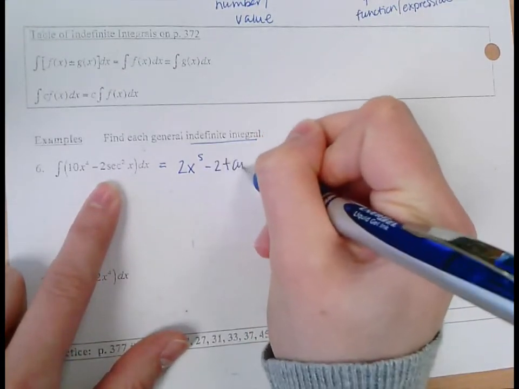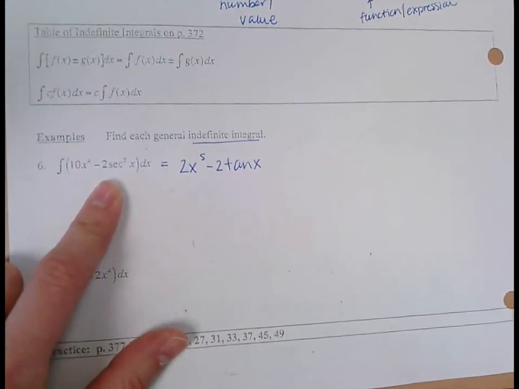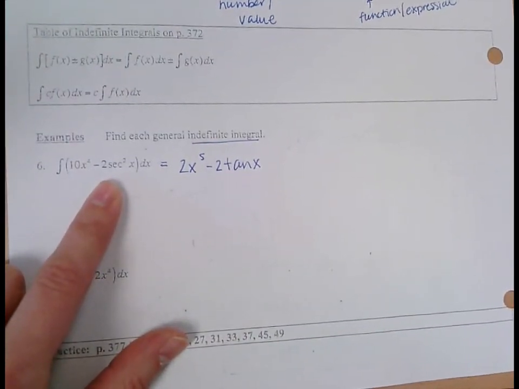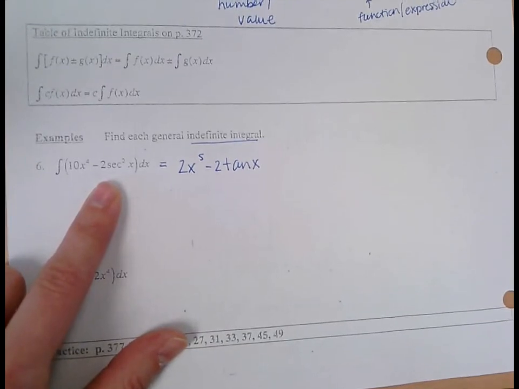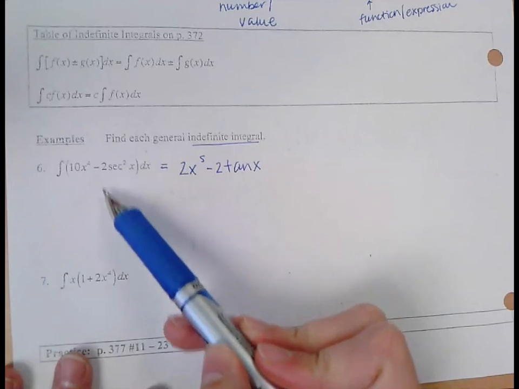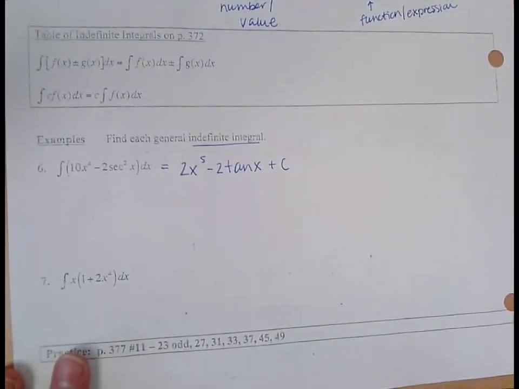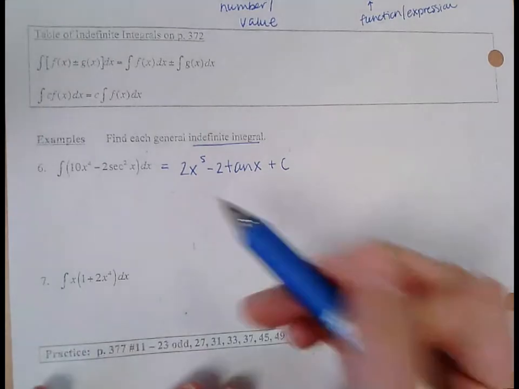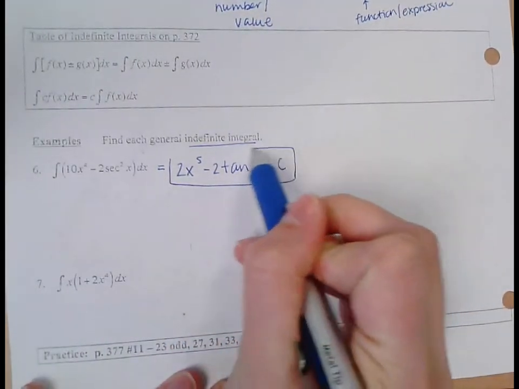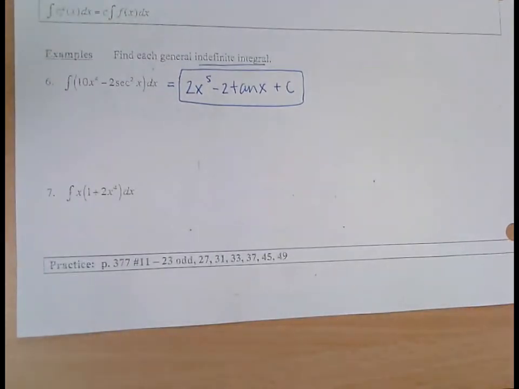Minus 2 tangent of x, yes. Secant squared x is the derivative of tangent of x. Now, this is what Dylan had asked about before. Because you don't have limits of integration, you are just finding the antiderivative, so you have to include the plus C. So do not forget your plus C's.